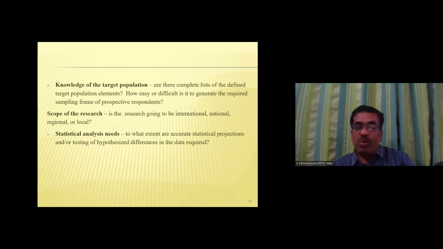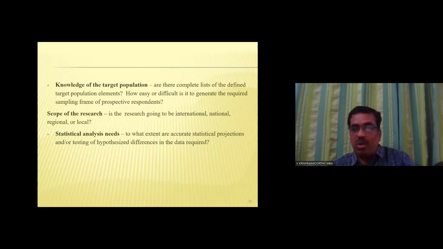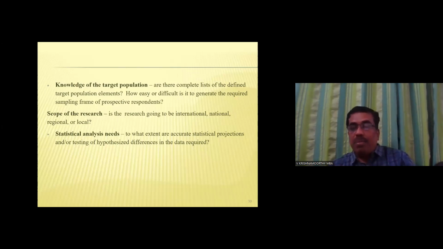If you have collected data through the non-probability sampling method, now you can use a non-parametric test. But people are using both parametric and non-parametric tests, even if they have collected data through the non-probability sampling method. If you have collected data through the probability sampling method, probably you can get more accuracy, and then you can also ensure the randomness.